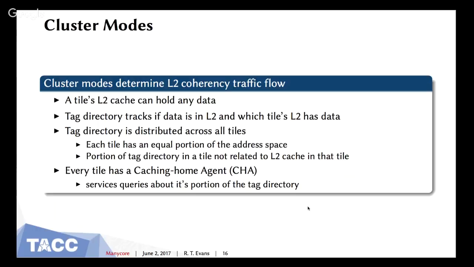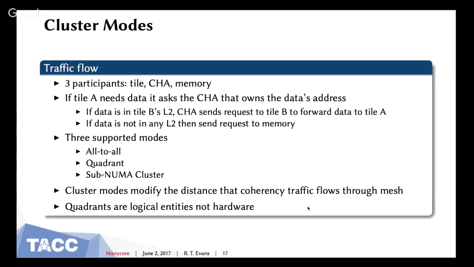This tag tells it where to get the data it needs. Then it goes and gets that data from memory. Now remember, I've got this grid of cores. So it's possible it will walk this whole grid. All I'm going to say here is there's 3 modes. And the reason that's all I'm going to say is because I think the pictures are much better than the words.